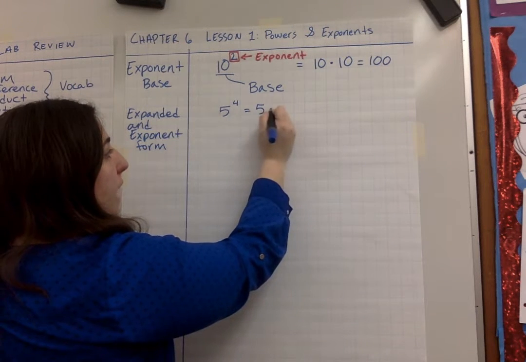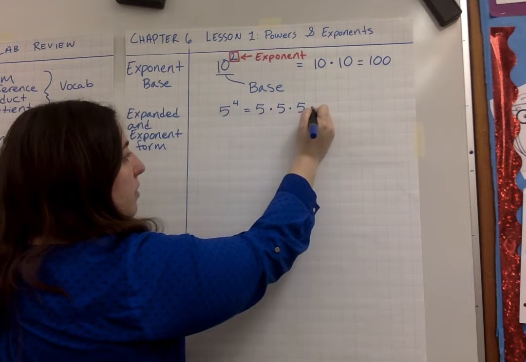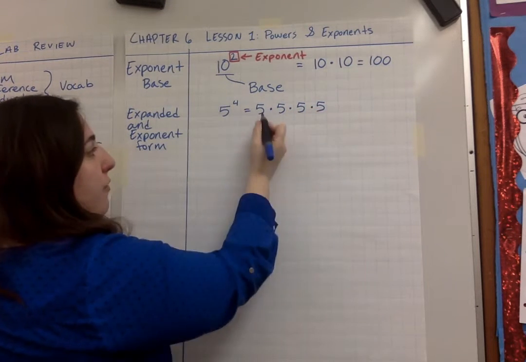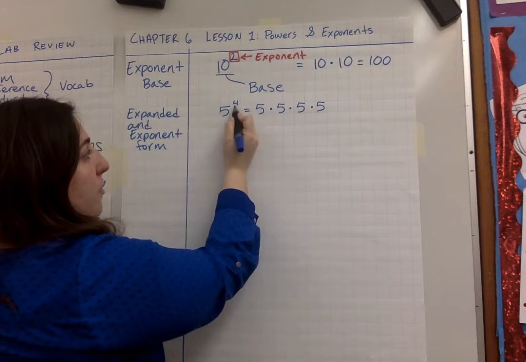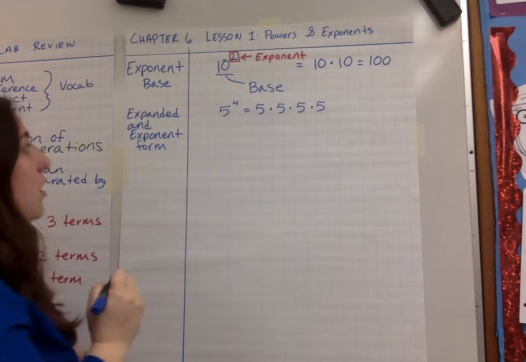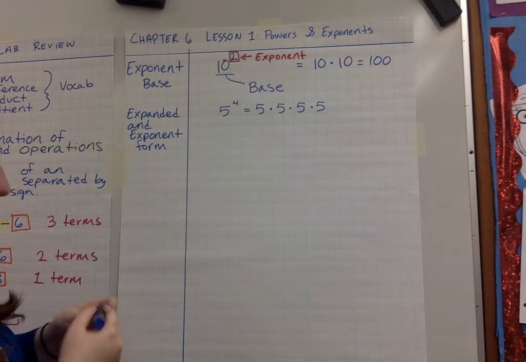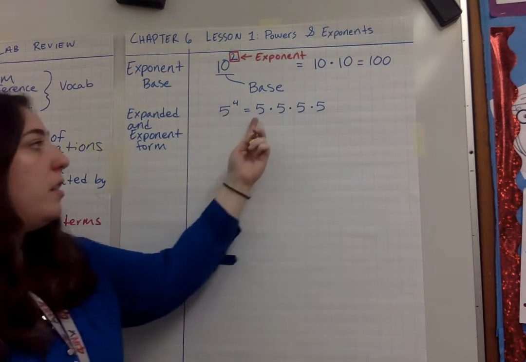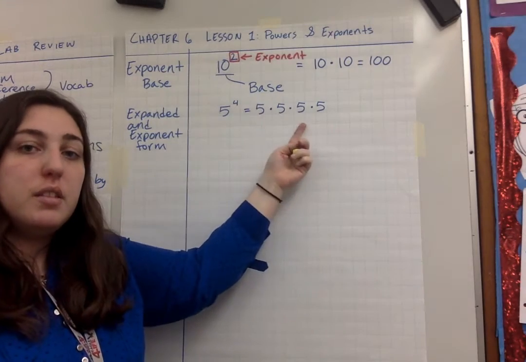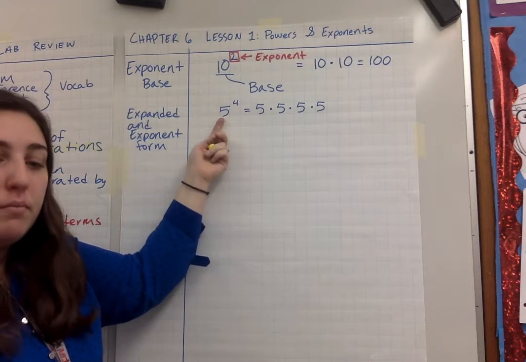So it would look like 5 times 5 times 5 times 5. I have 4 5s: 1, 2, 3, 4. So it's 5 to the 4th power. This form right here is the expanded form of our exponent form.